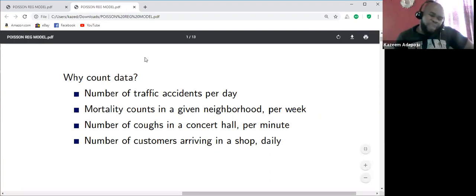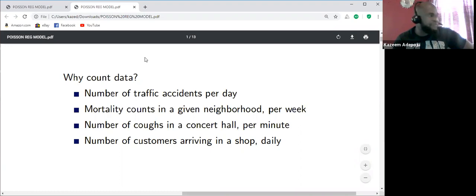Let me tell you this. Because we want to talk about the Poisson regression model, I need to walk you through what we mean by the Poisson distribution. There are different kinds of probability distributions: we have the normal distribution, the binomial distribution, the gamma distribution, the Poisson distribution, and so on. But right here we're talking about Poisson regression.